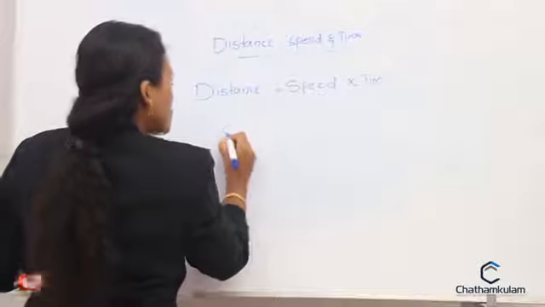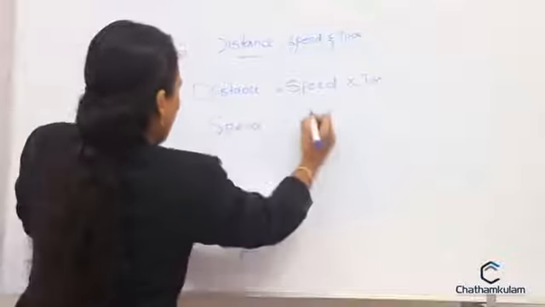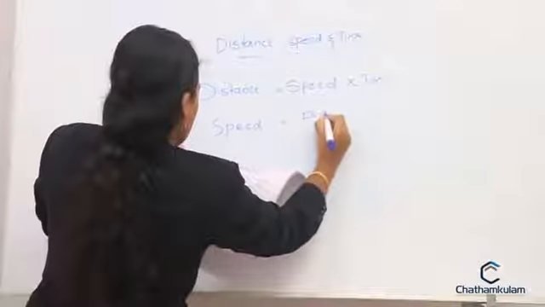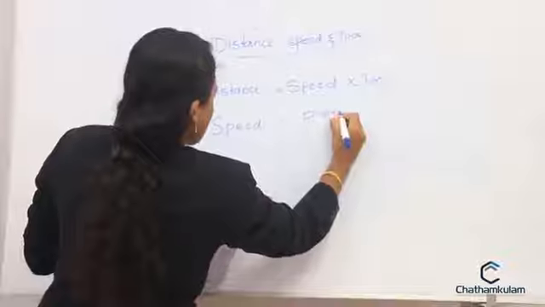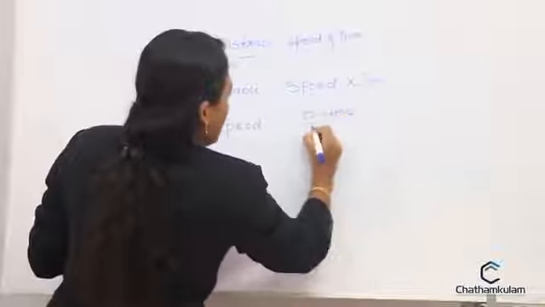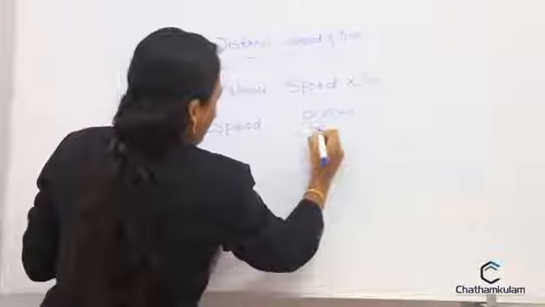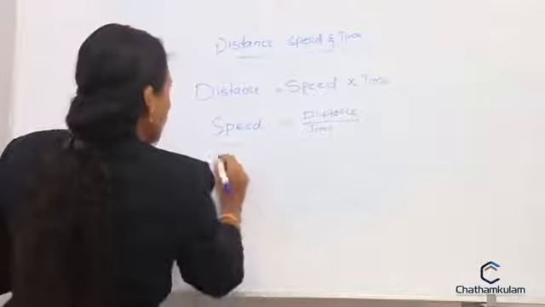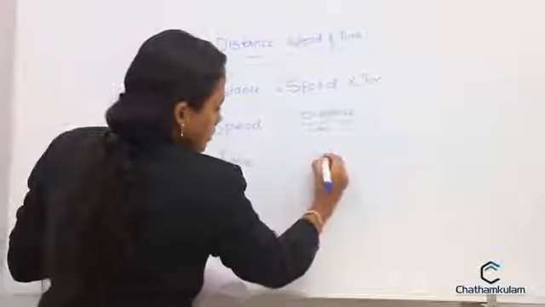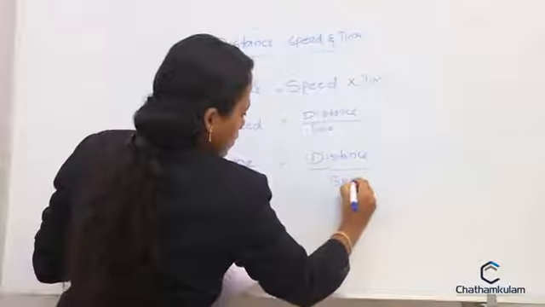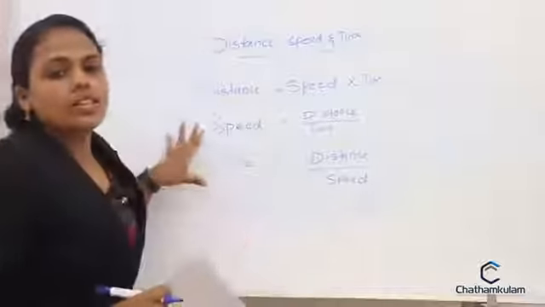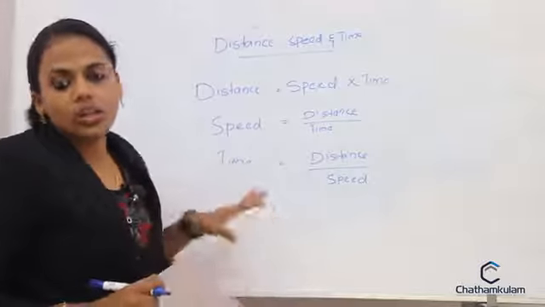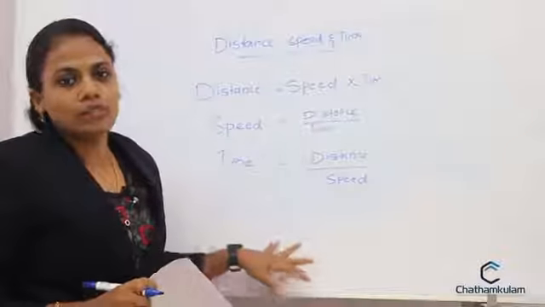In the case of speed, it is distance by time. In the case of time, it is distance by speed. So these are the basic equations when we solve these kinds of problems.